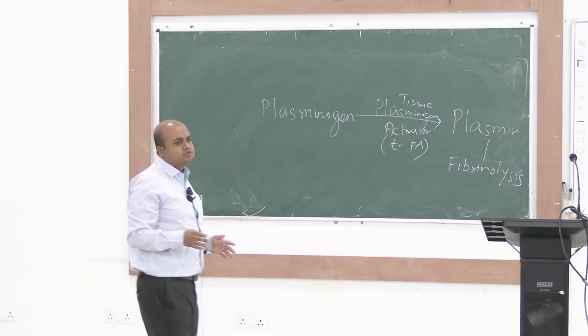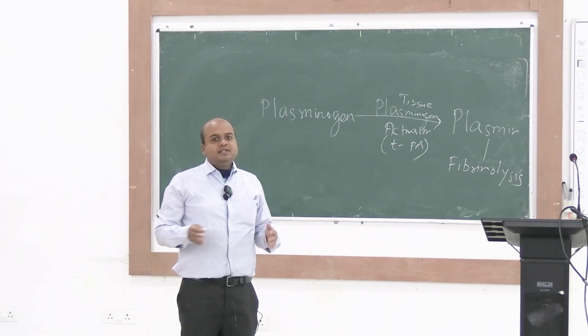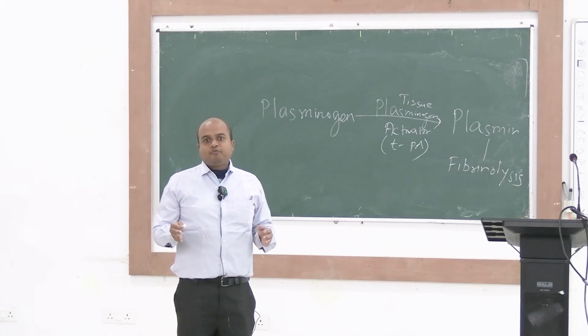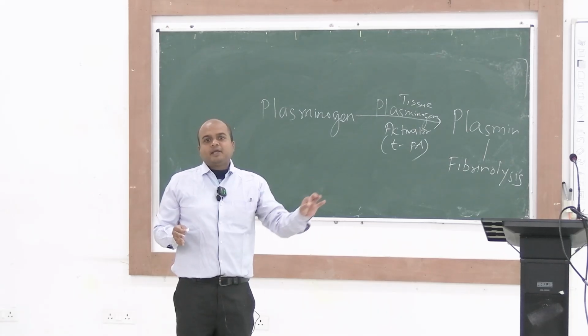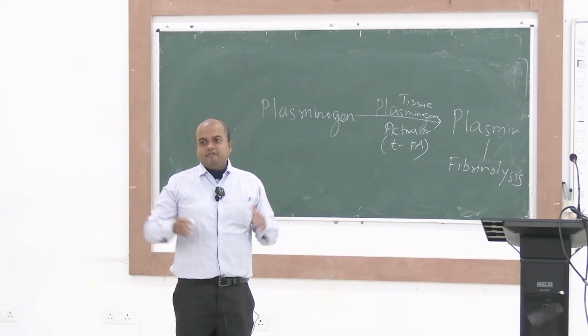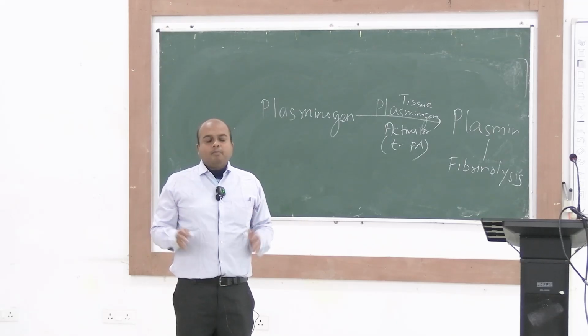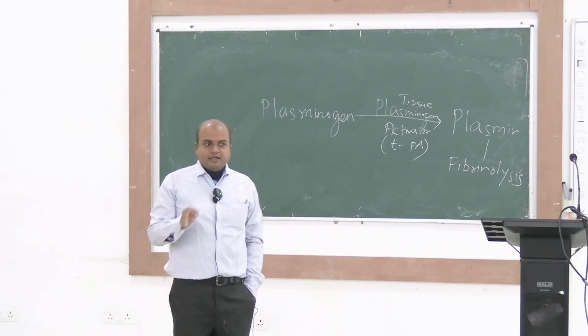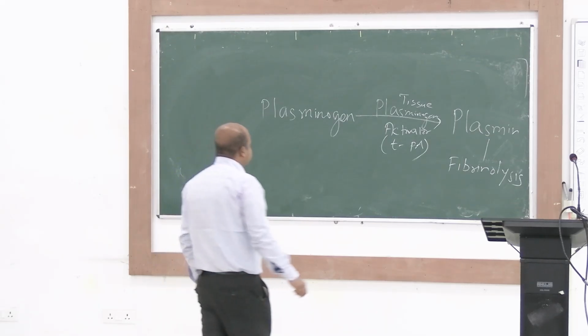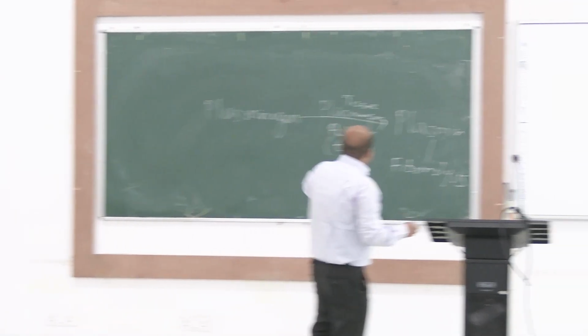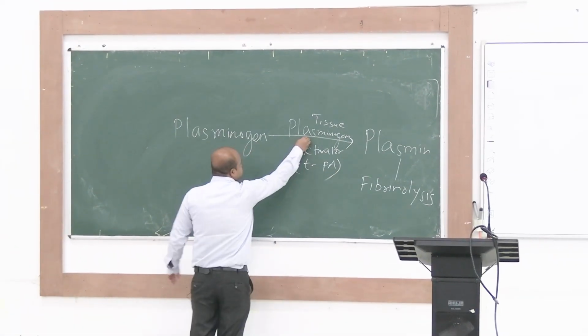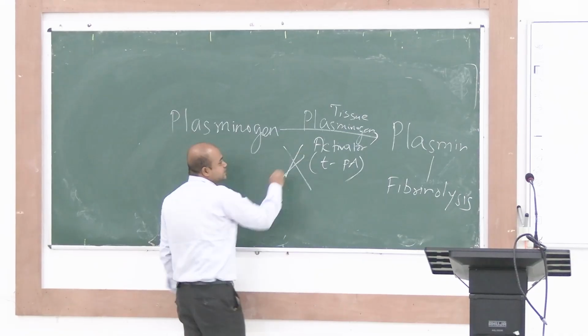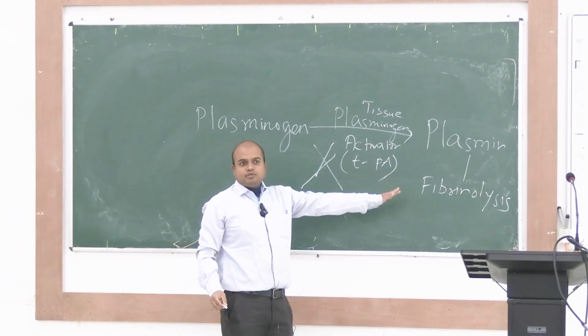Most things in the body are not completely inhibited; it inhibits to a certain extent, but at least it will be slowed down or hampered. If something inhibits this, fibrinolysis will be hampered.